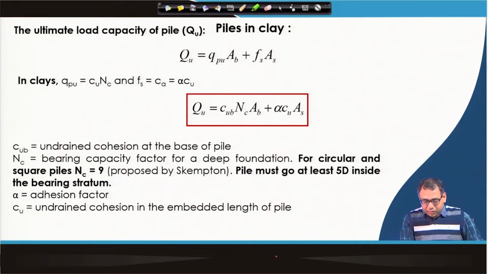So, that means for this particular case the pile must go at least 5d inside a bearing stratum, because it is going through clay layers. If I use the tip resistance, then the pile has to be inserted inside a bearing stratum up to 5d.